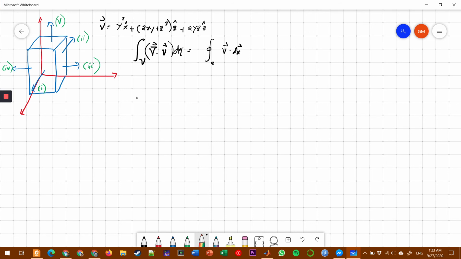Now let's try to calculate this first. So del dot v. For del dot v, the vector function is just this one, d/dx. Okay, so del dot v is just 2 times x plus y.